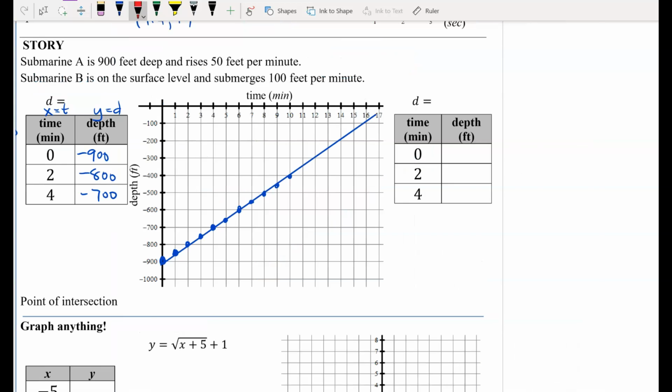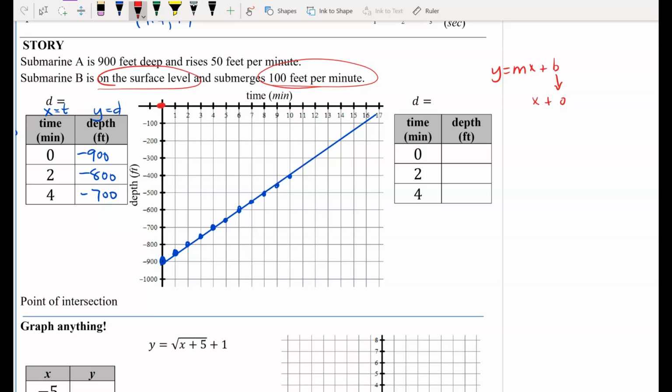Now submarine B is on the surface at the beginning, and so that would be at 0, which is on the x-axis. And it submerges, which means it's going down, at 100 feet per minute. This is the rate. So if we use that template again, y equals mx plus b, we know that our starting value is 0, so we have plus 0.